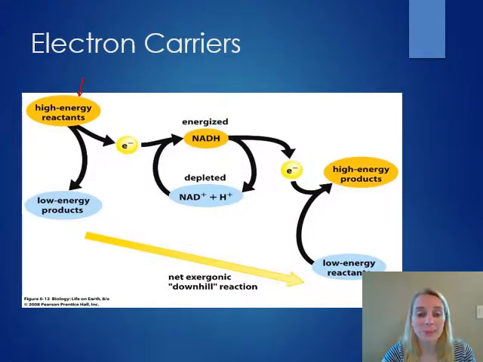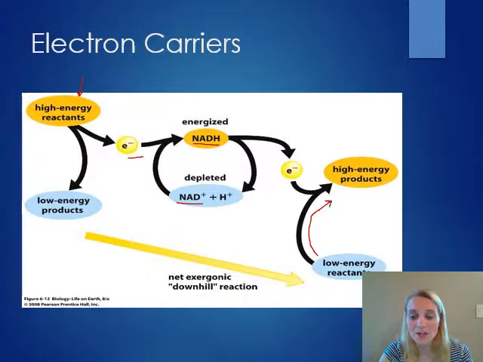So the NAD+ is going to be added to this high energy electron to produce the NADH along with this hydrogen. And then what we can do is carry that energy in the NADH over to somewhere else that needs to go against the gradient, right? So this is an endergonic reaction. So here's some more reaction coupling.